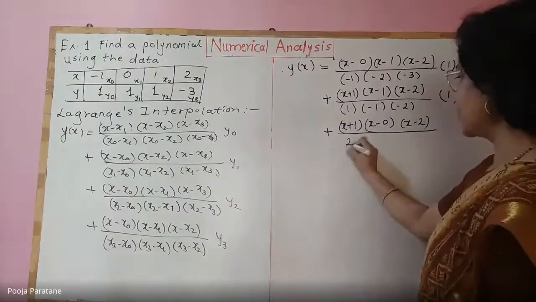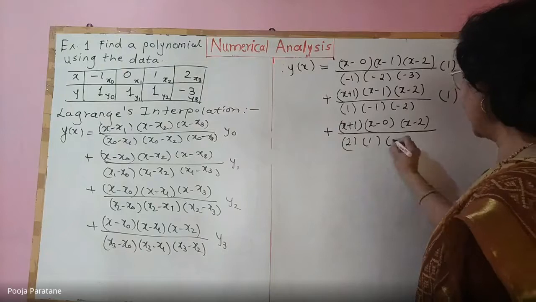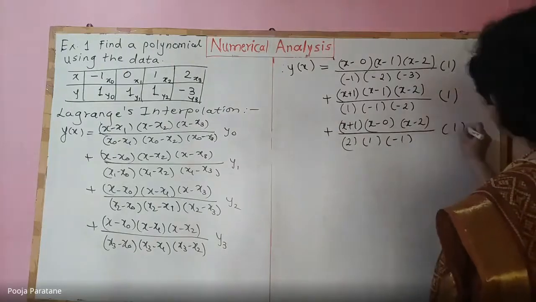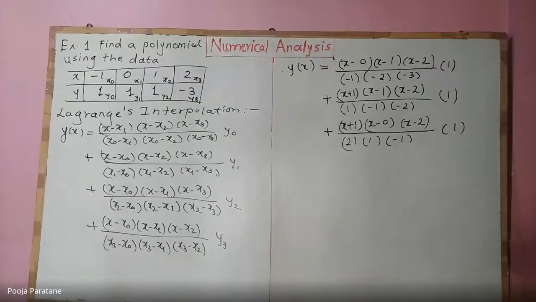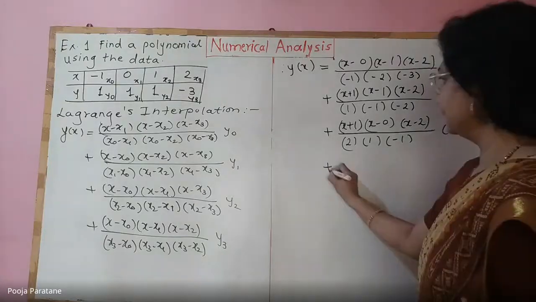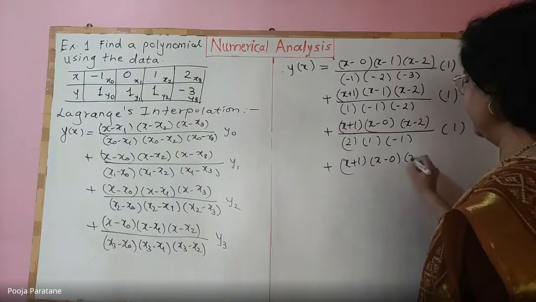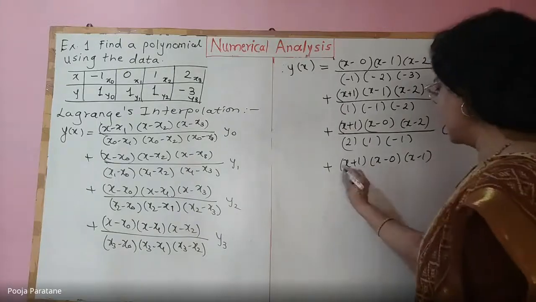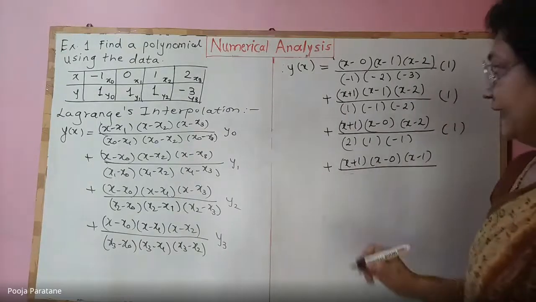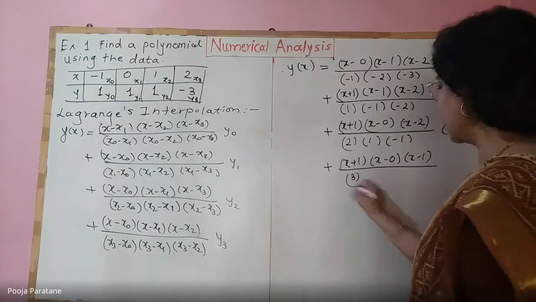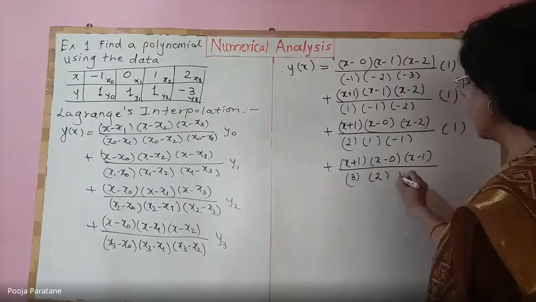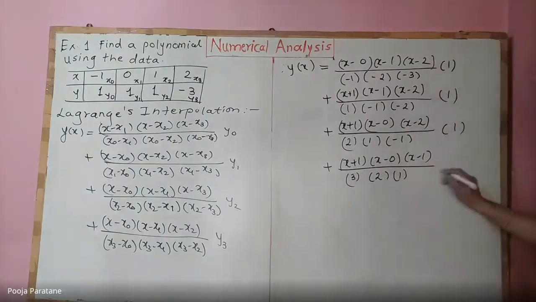So it is 2, 1 and minus 1, and the corresponding value of y2 is 1. Then next, x plus 1, x minus 0, x minus 1, upon, now the value of x3 is 2, so here you will get 3, 2, 1, and the corresponding value is y3.